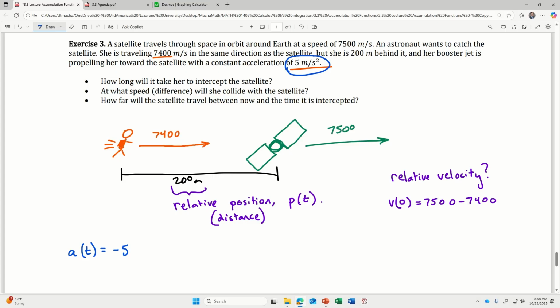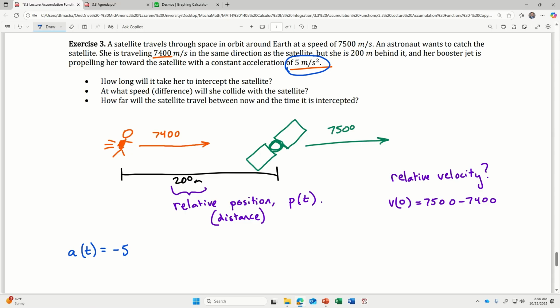The acceleration is constant, so it's not going to be 5t or anything like that. It's just a constant 5 for acceleration. The reason I gave this a -5 is because this is having an effect that would make the relative velocity smaller. If she is speeding up, then the relative velocity between the two objects is actually decreasing.